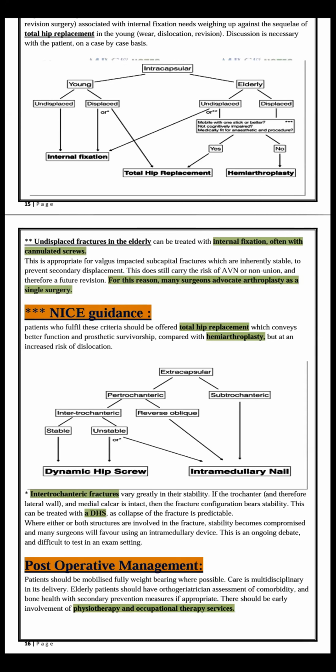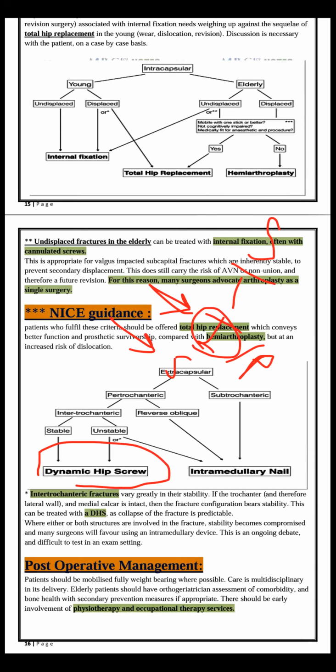What about extracapsular fracture? We know it: we have STIS, and they are the I and S. Intertrochanteric or peritrochanteric, I will go for dynamic hip screw. Subtrochanteric, I will go for intramedullary nail. This is simple.